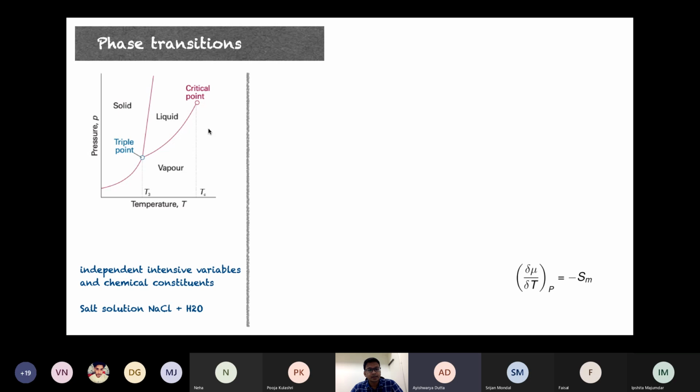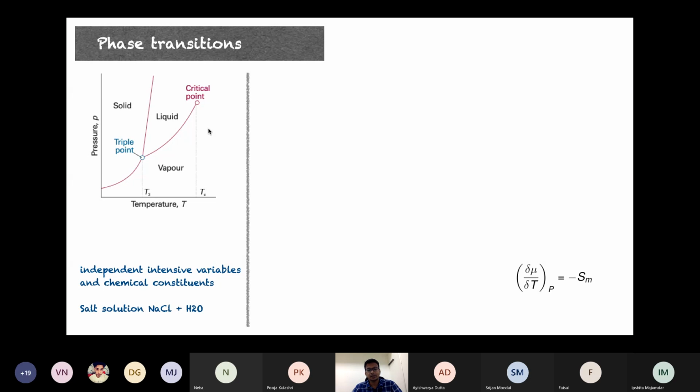Yes. Sir, for solids like beta sulfur and alpha sulfur, we cannot have a critical point. Is that right? Yes, I don't think so, because in a solid it is very difficult to change the symmetry going from one solid to another solid. There is a huge change in the structure, so these two symmetries are really separable, and you cannot define a particular point where you cannot distinguish between the two structures.